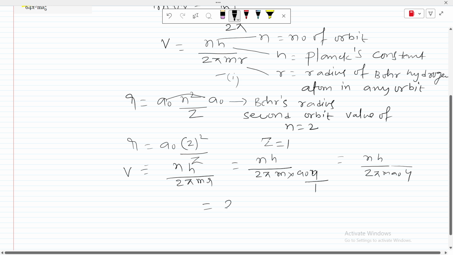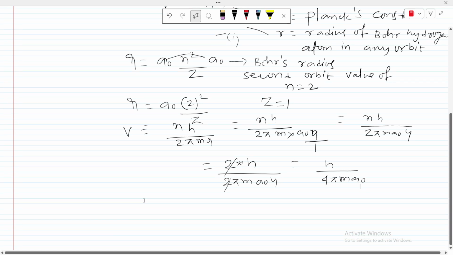So 2 into h upon 2 pi m a naught into 4, the 2 cancels out, is equal to h upon 4 pi m a naught.